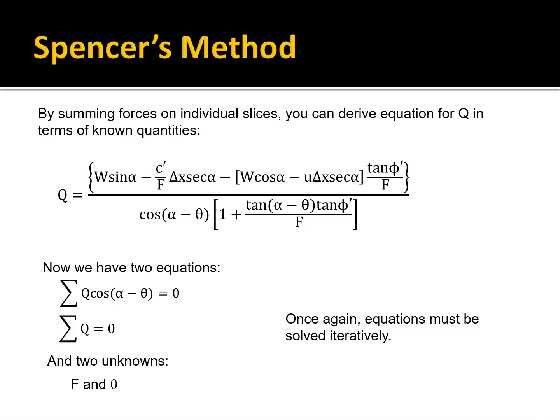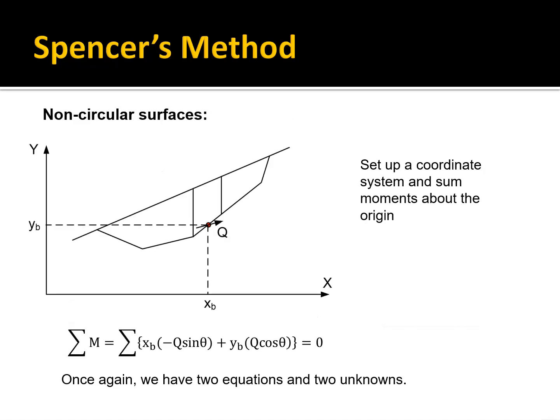And now we have 2 equations, sum of Q cosine alpha minus theta equals 0, sum of Q equal to 0, and 2 unknowns, F, the factor of safety, and theta. And again, this value of Q is what you plug into these individual equations. And so then you can solve it iteratively and solve for the factor of safety F.